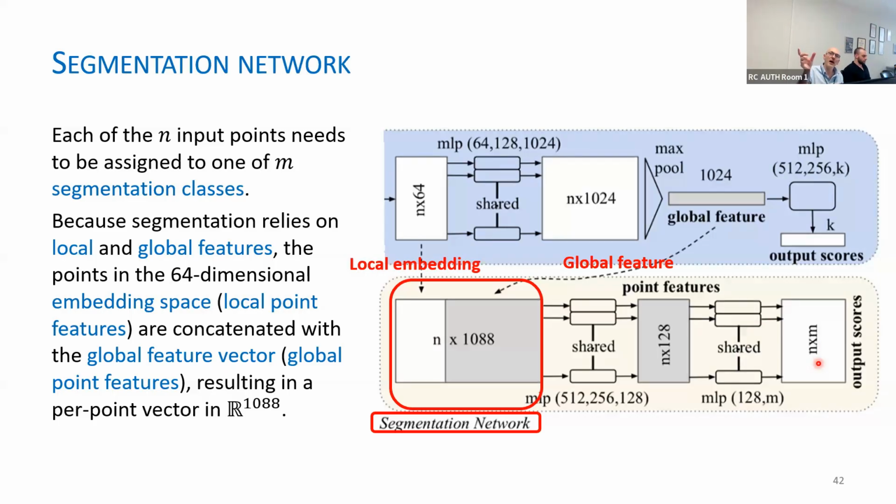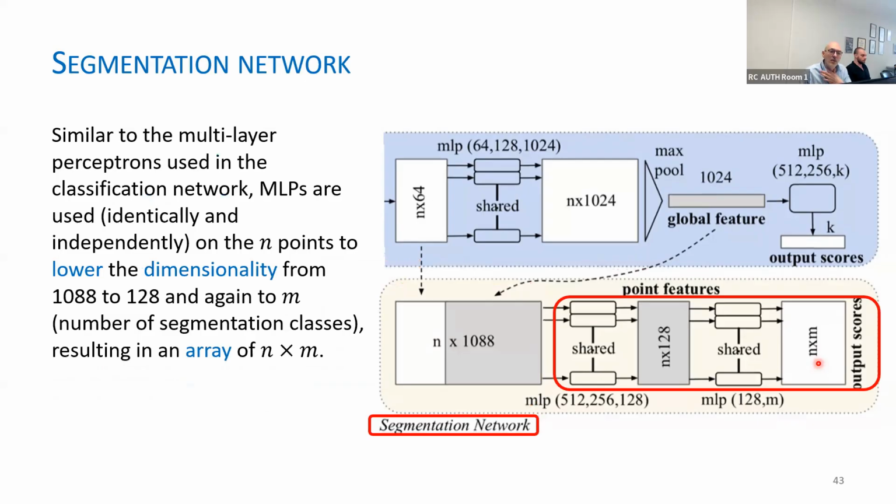So we have m classes for the segmentation, and each point will belong to one of these m classes. This array is the output, and m is the number of segmentation classes.